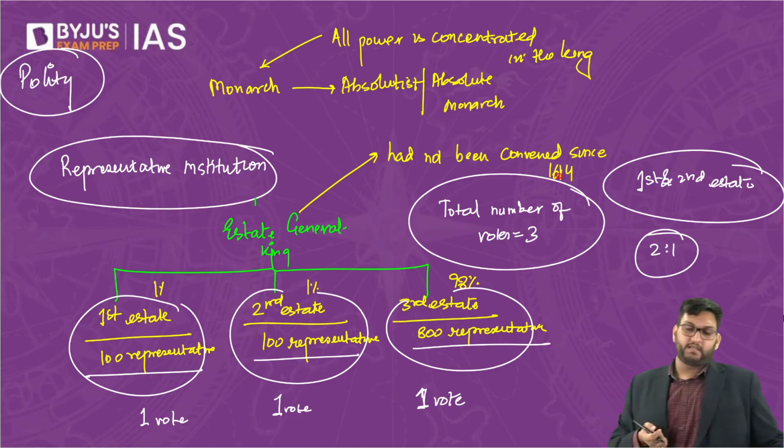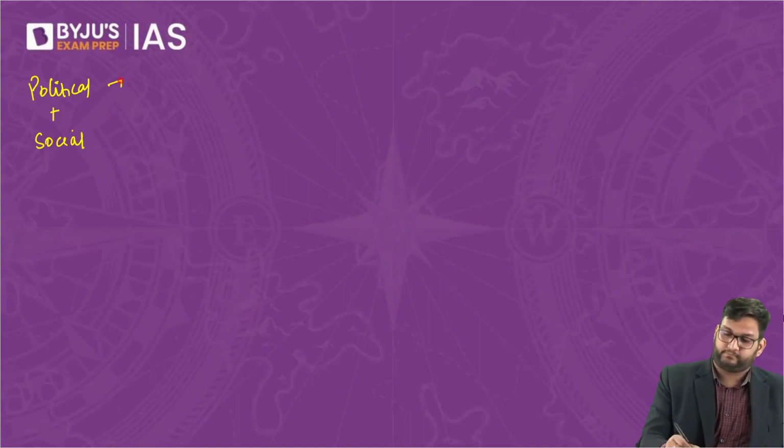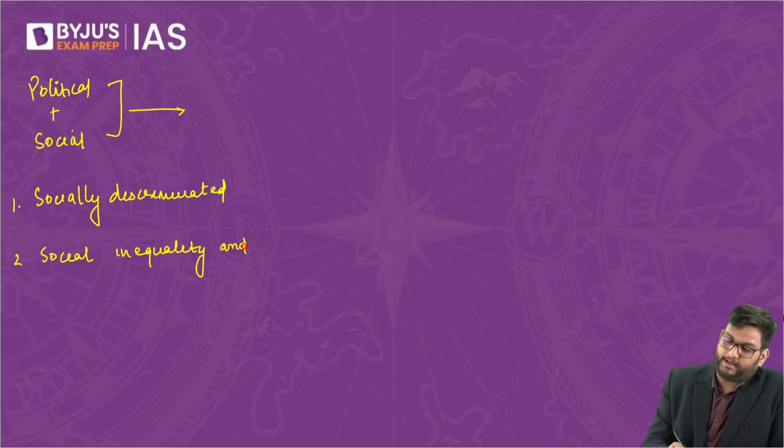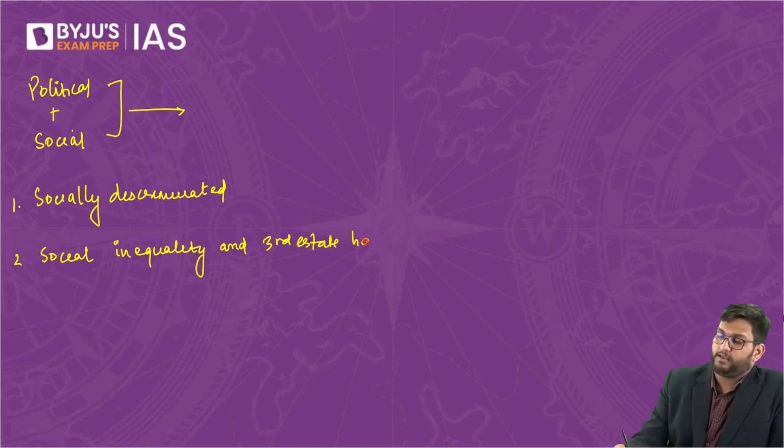So if I bring the political plus social together, can I come to the following conclusions? Which is that they are socially discriminated, social inequality, and the third estate has all the burden.